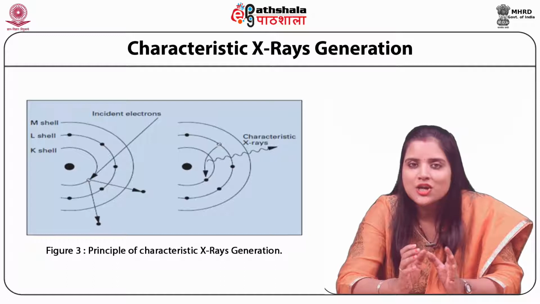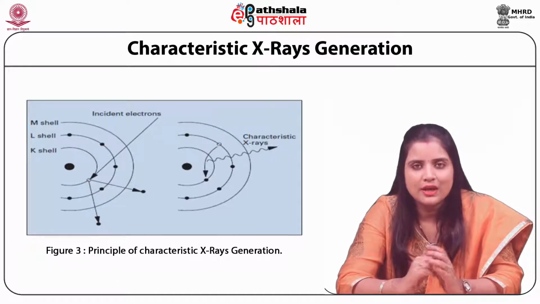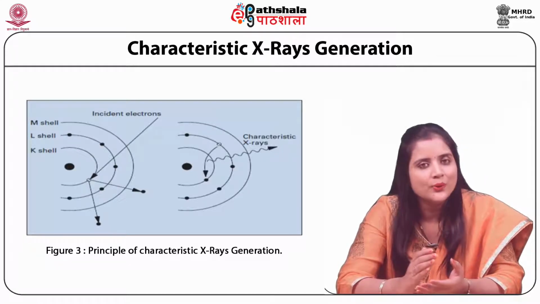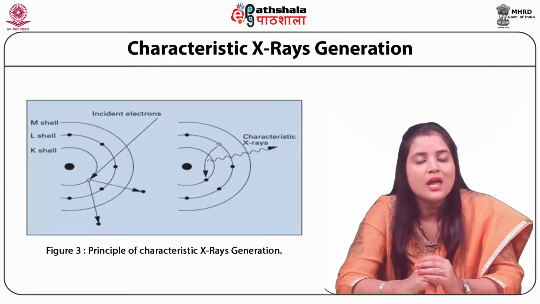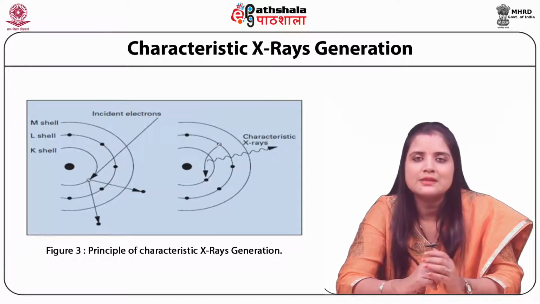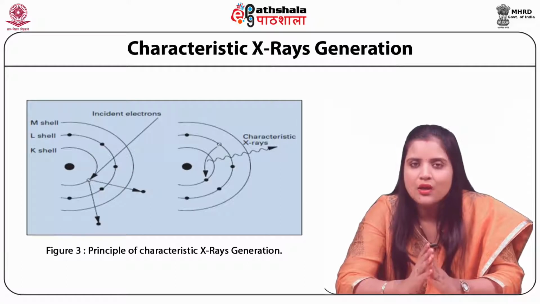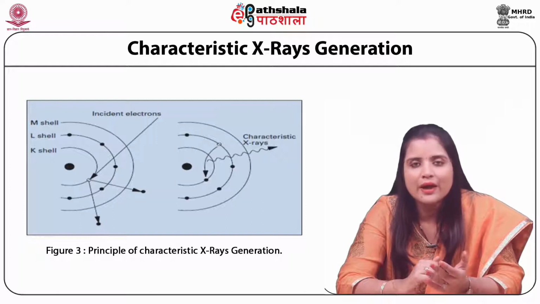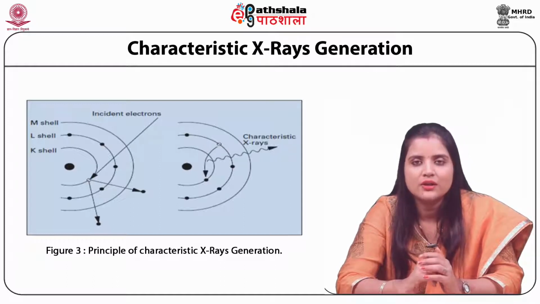When K-shell electrons are excited, they emit characteristic X-rays which are termed K-lines, and those emitted from L and M shells are called L-lines and M-lines respectively. When the element is heavy, then its characteristic X-ray energies are also higher. Therefore, incident electrons of higher energy are required.